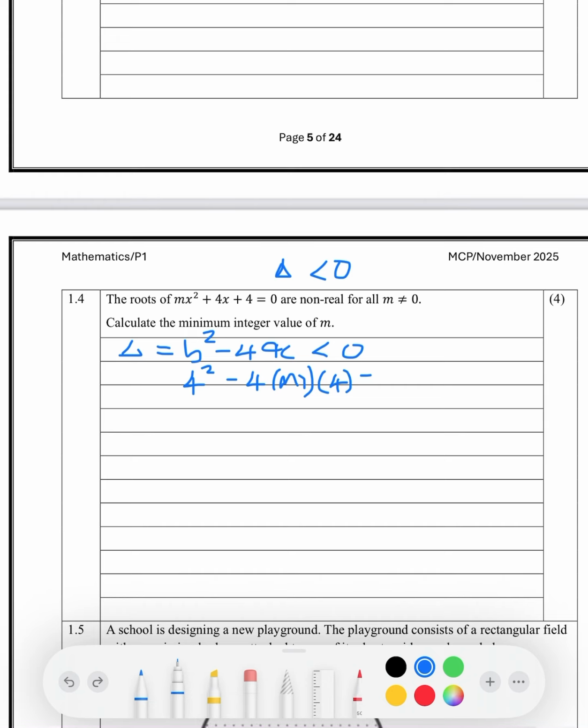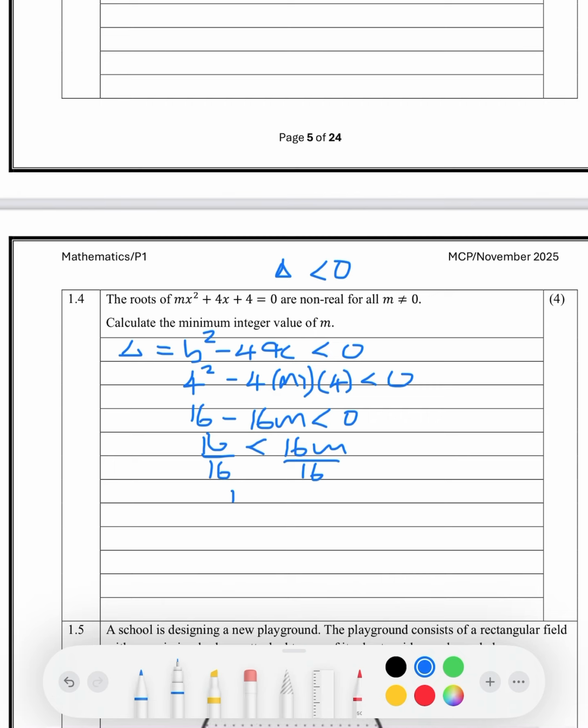Here we're going to have 16 minus 16m, which is less than 0. Then we take the 16m to the other side, so we're left with 16 is less than 16m. Divide by 16, and we have 1 is less than m.